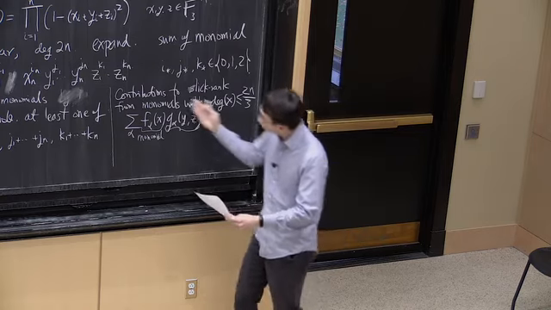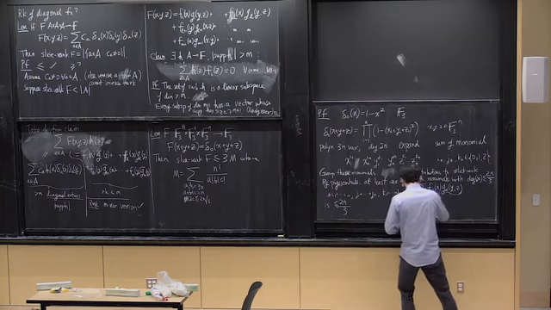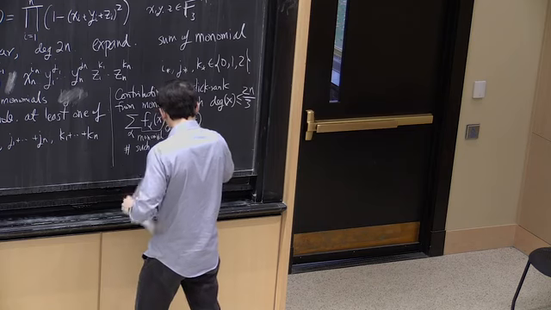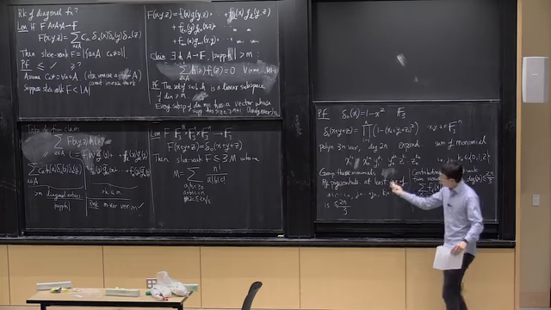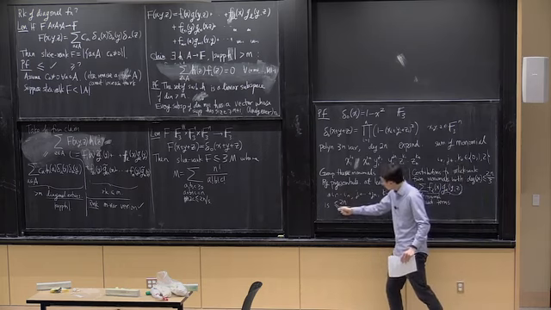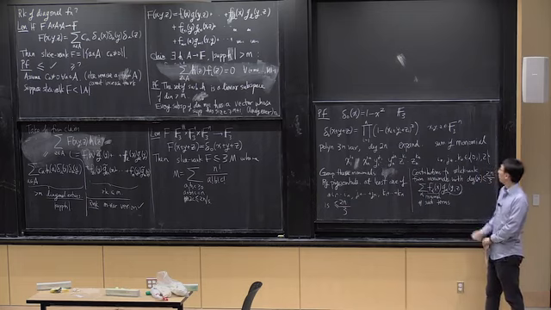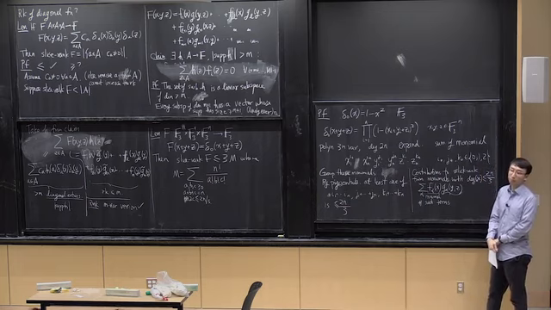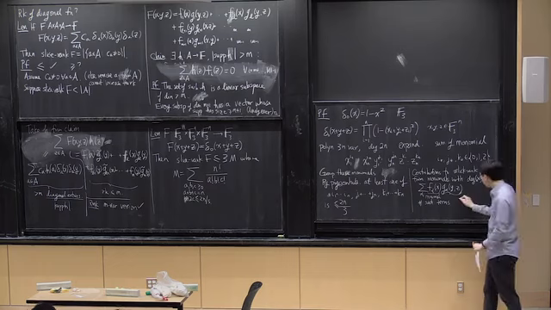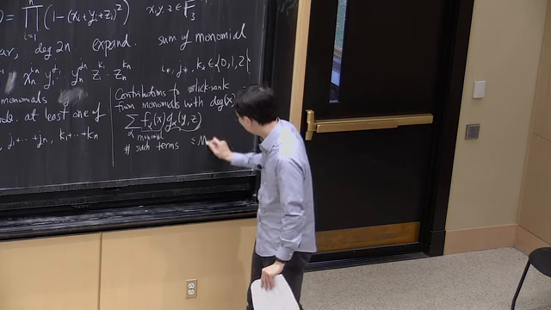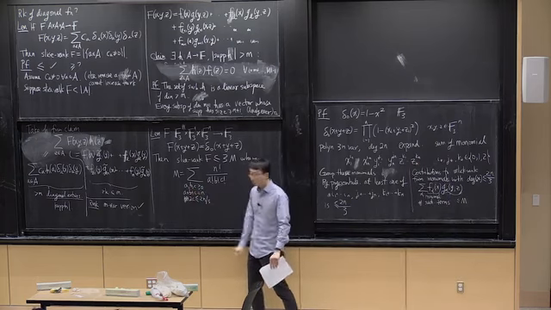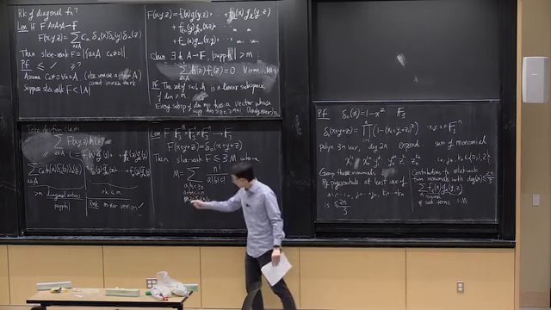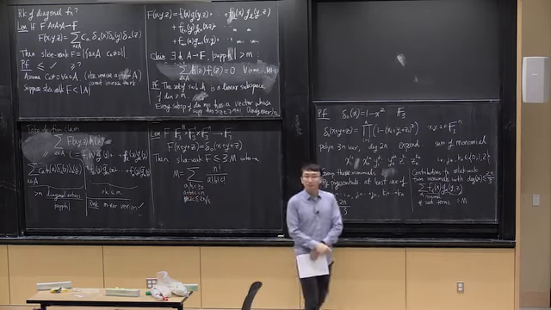So the number of such terms is the number of monomials corresponding to choices of i's that sum to at most 2n over 3, with individual i's coming from 0, 1, or 2. And that number is precisely m. So m counts the number of choices of 0, 1, 2's, there are n of them, and the sum of the i's is at most 2n over 3.